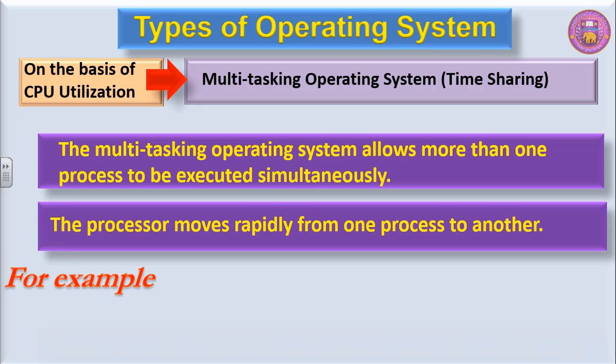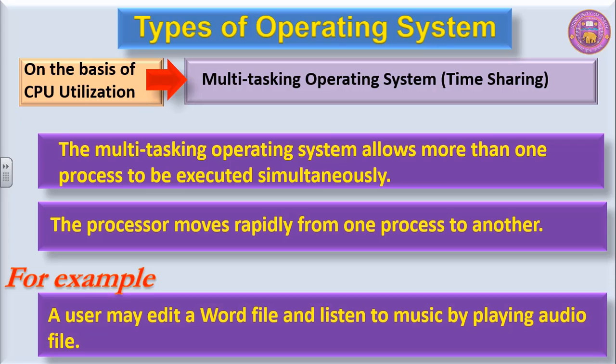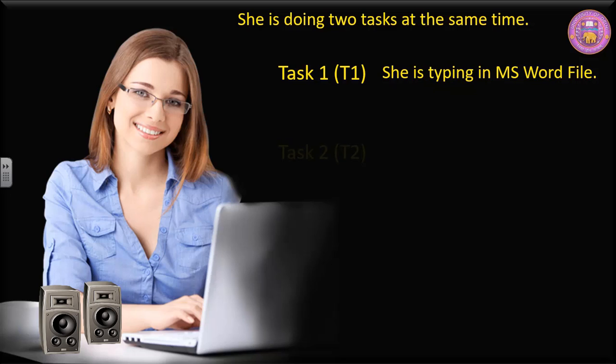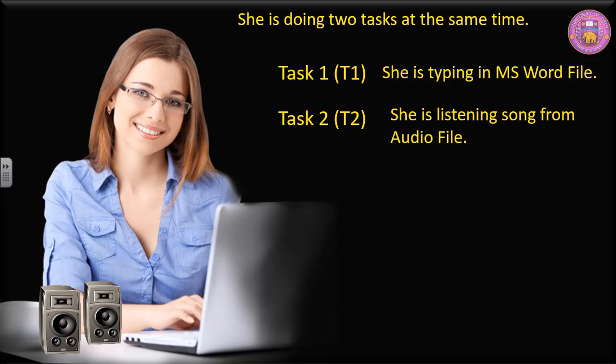For example, a user may edit a Word file and listen to the music by playing audio file. Here you can see that she is doing two tasks at the same time. Task 1, T1, she is typing in MS Word file. Task 2, T2, she is listening to a song from an audio file.